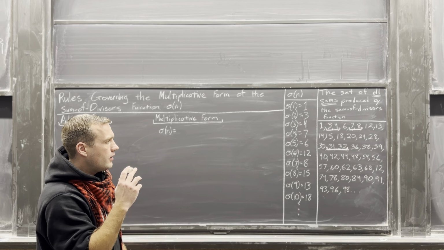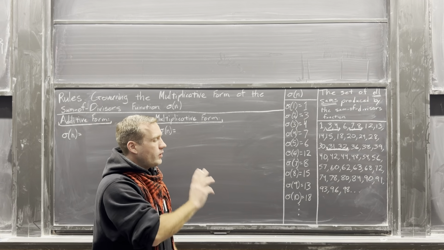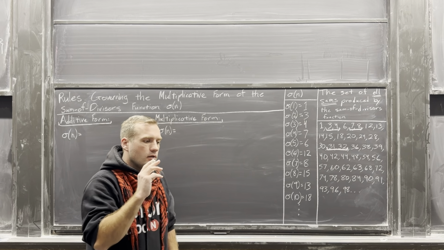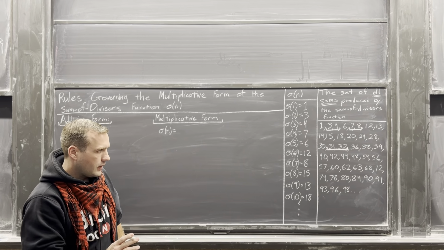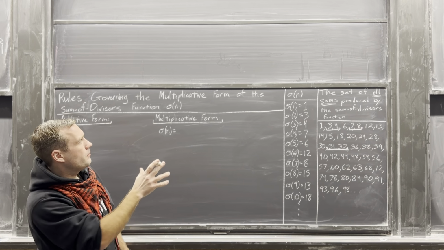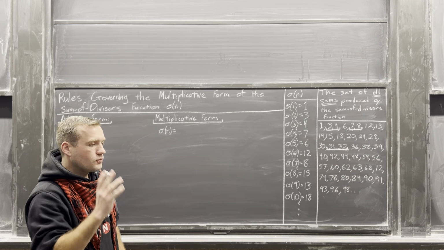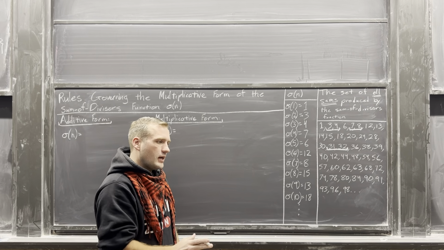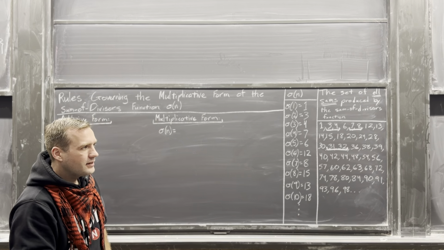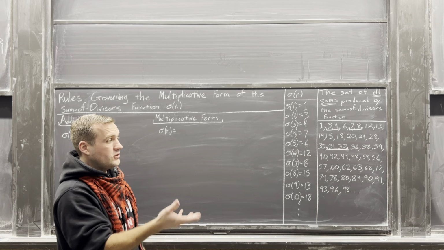And before I continue, I want to highlight one of the most important things to understand when dealing with really any function, but specifically with this one that I found, is we must be very precise about what set of positive integers we're dealing with.